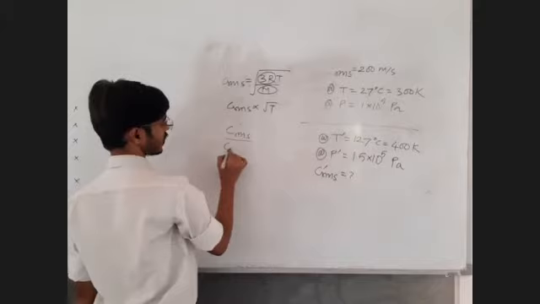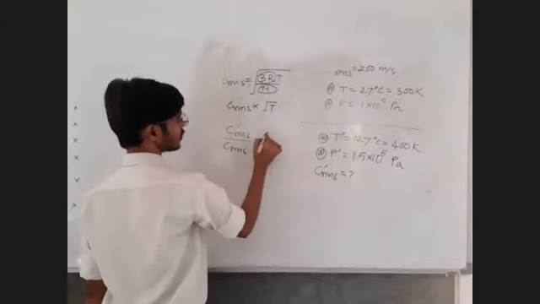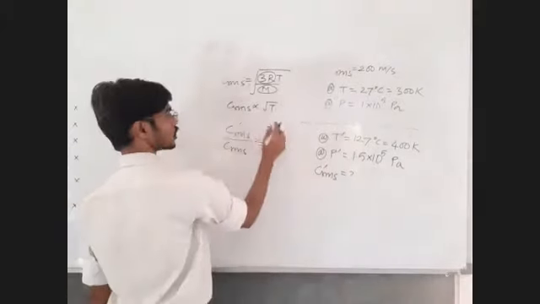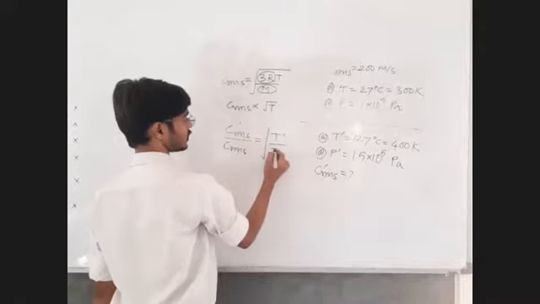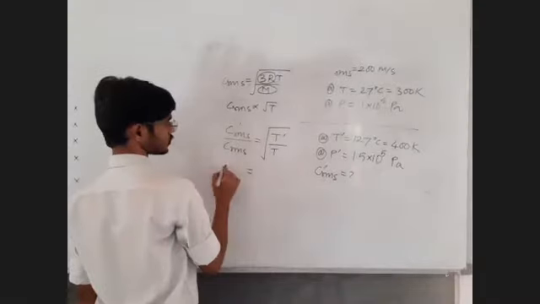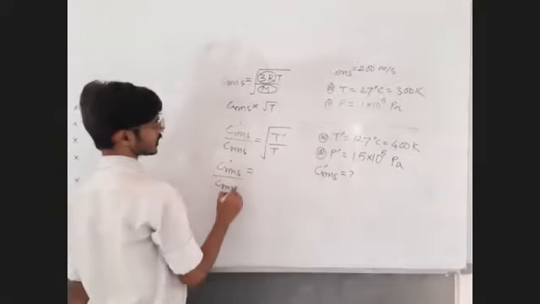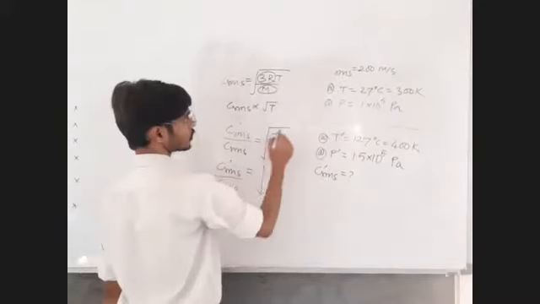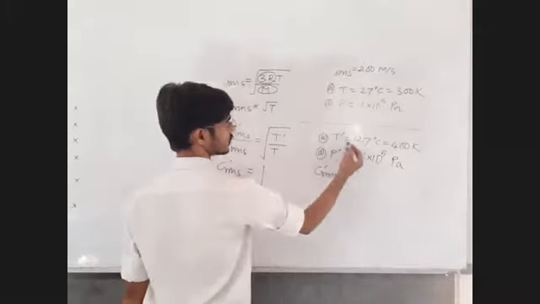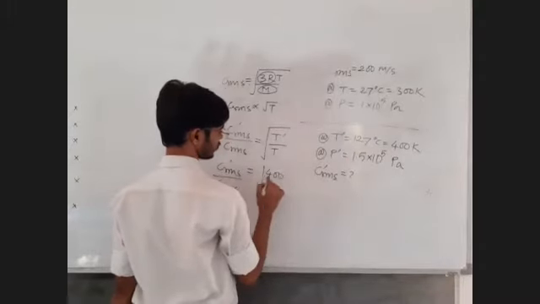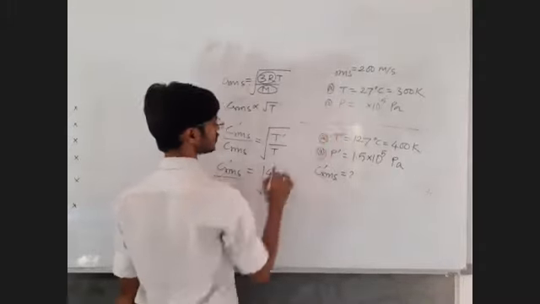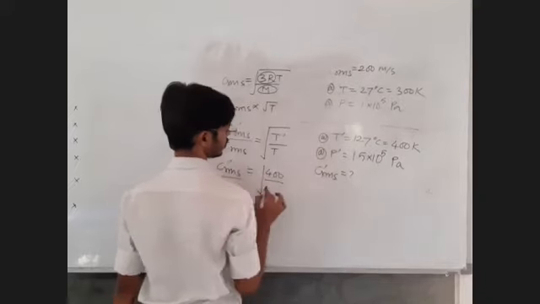C_RMS dash upon C_RMS, since C_RMS is proportional to root T, it means I have to write here root of T dash upon T. So final C_RMS divided by initial C_RMS is under root T dash upon T. What is T dash? T dash is 400 Kelvin, divided by initial T, which is 300.